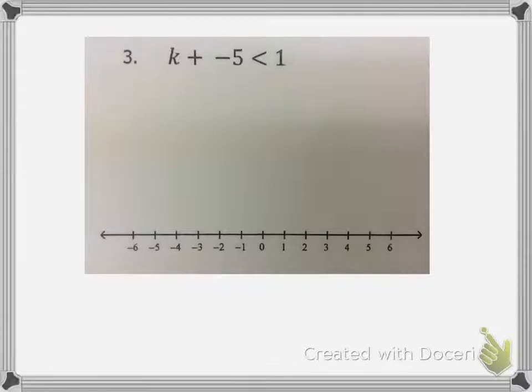Okay, looking at number 3, k plus a negative 5. Well, don't forget that k plus negative 5 can be written just as k minus 5 is less than 1. So for this problem, we are actually just subtracting 5, and I undo subtracting 5 by adding 5 to both sides.